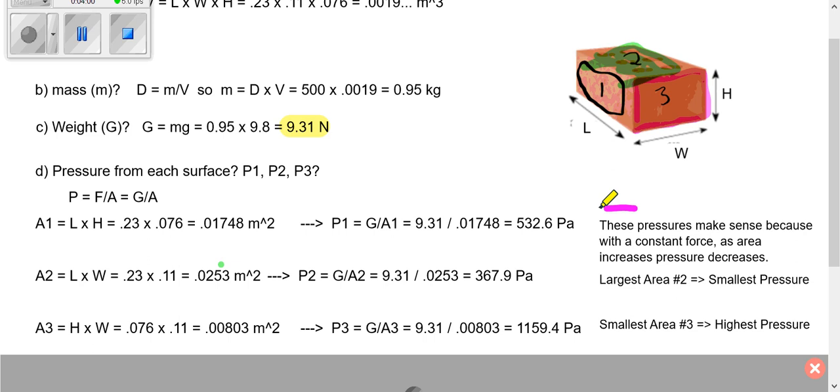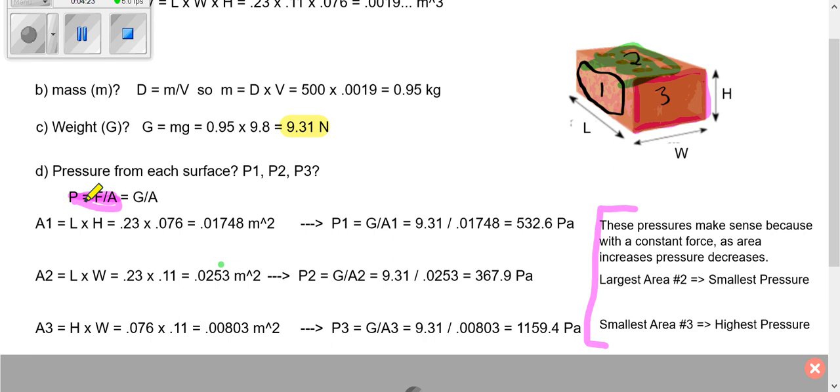I made a little note over here saying that these pressures should make sense because with a constant force, as the area increases, the pressure decreases. That's just going back to this equation here. If the area is getting larger, the pressure should get smaller, and vice versa.